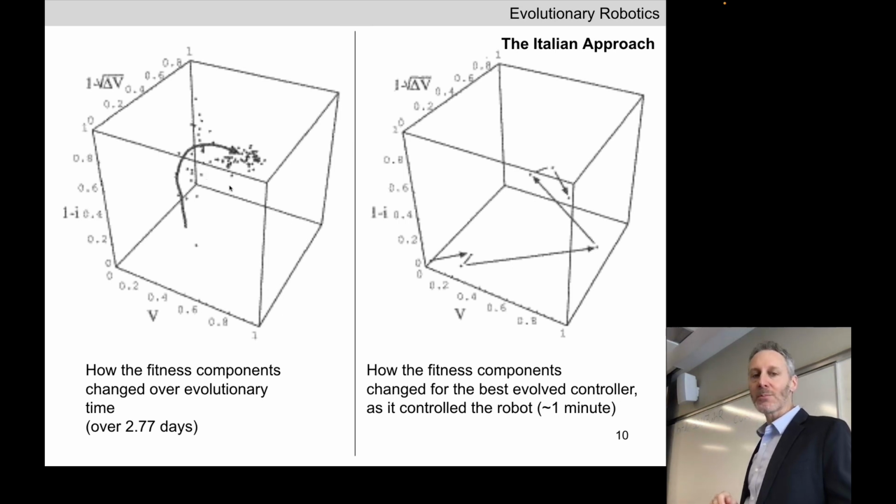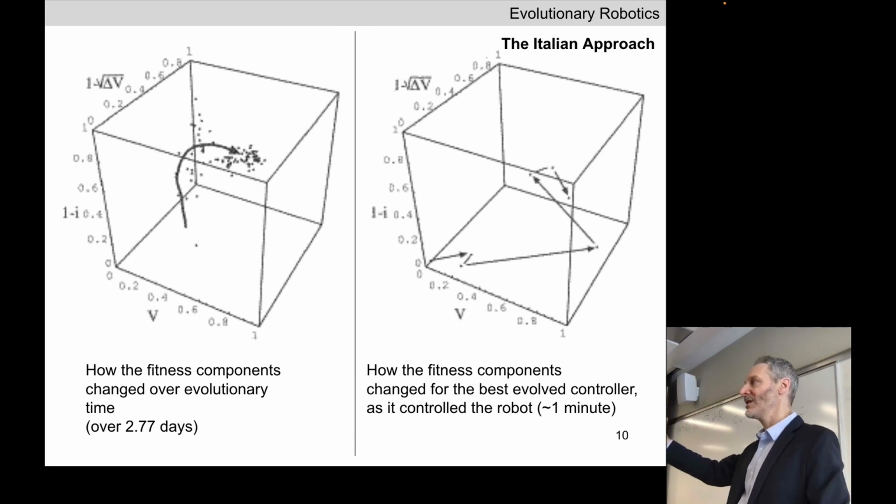You can imagine each point here is one of the controllers that was tested on the robot, and its left-right position, its forward-back position, and its up and down position inside this 3-dimensional space represents how well that controller was at these 3 fitness components. And you can sort of see how evolution is making some progress here.